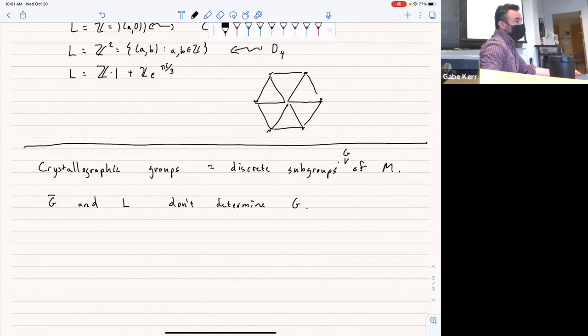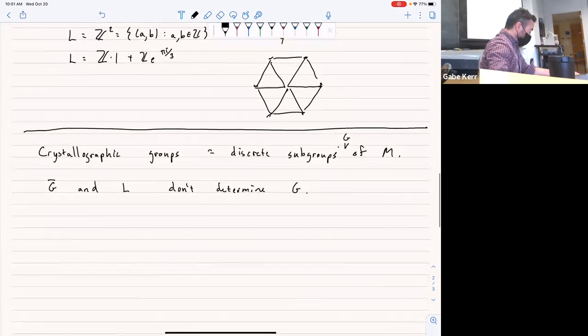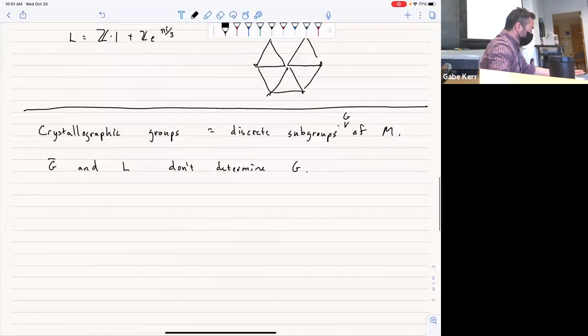In other words, you could have cases where you have the same point group, the same group of translations, but the actual group G is different. That said, they do tell you quite a bit, and so we want to look at one example.